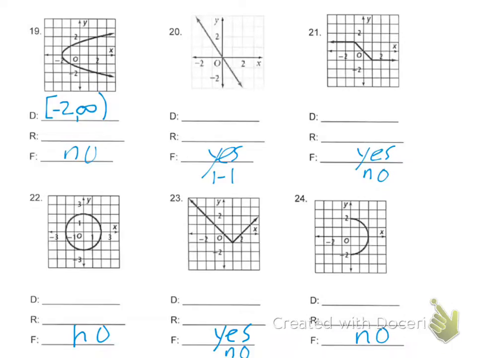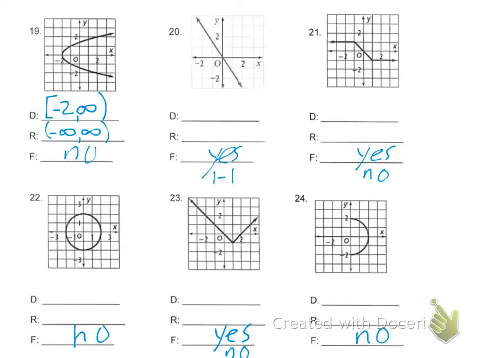What about the range? The range goes up forever and it goes down forever. So therefore, parentheses, -infinity to +infinity, parentheses. That's how we state the domain and the range. It's interval notation, yes. Oh, that's so much nicer.